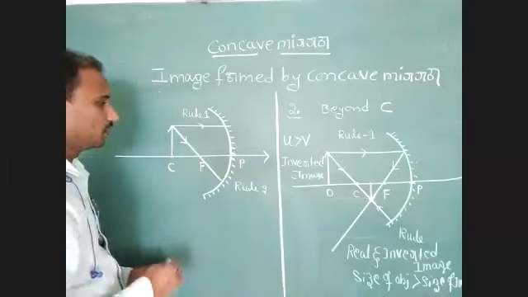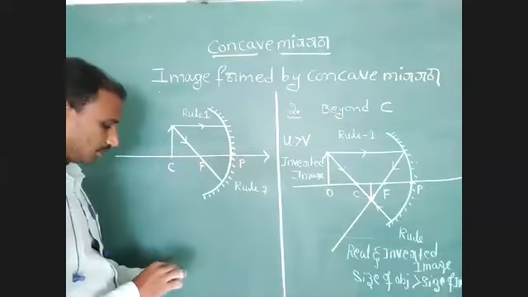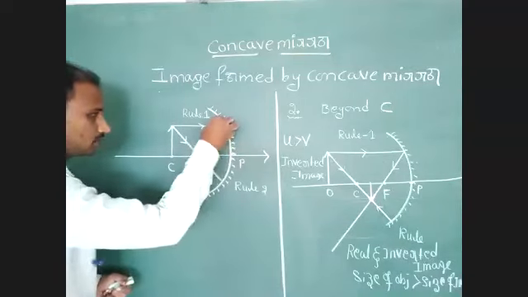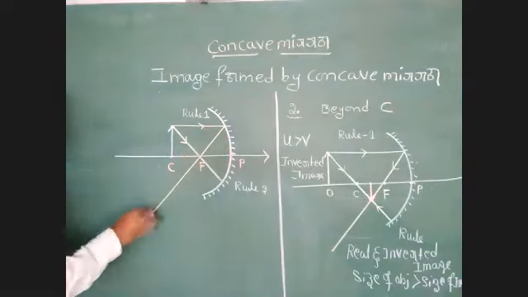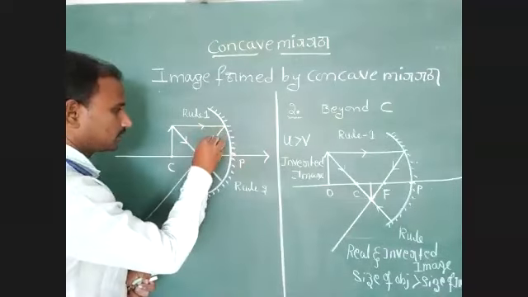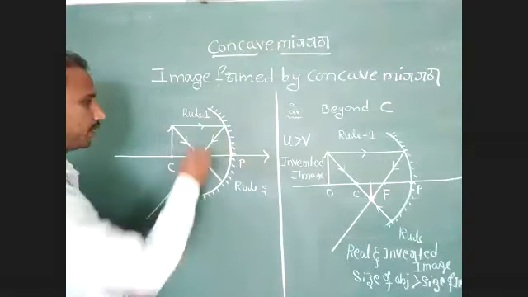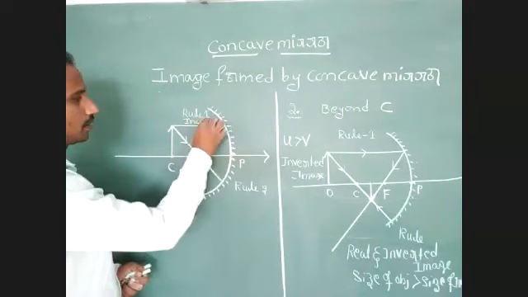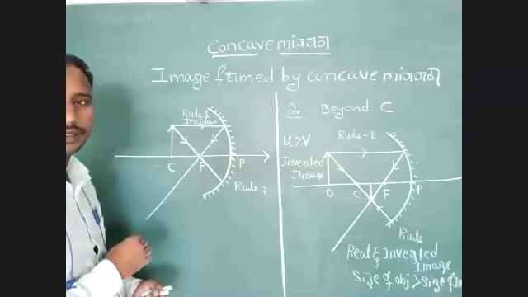We have to draw the reflected ray. After reflection, the reflected ray passes through the principal focus. Just identify this reflected ray. This represents the incident ray, and this represents the reflected ray.